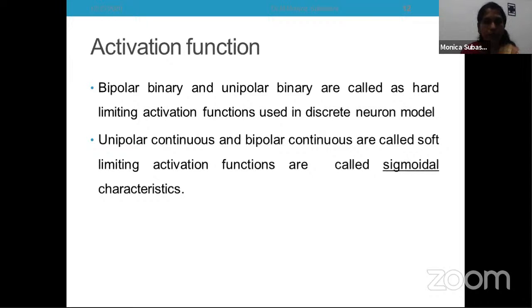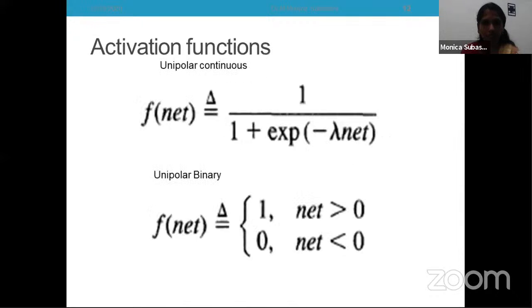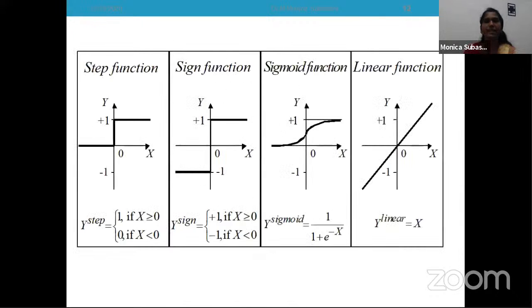You can see this particular diagram for more understanding. Step function and signum function come under hard limiting activation function, whereas sigmoidal function comes under soft limiting function. How? Based on the response of the curve, you can decide whether it is hard limiting or soft limiting.